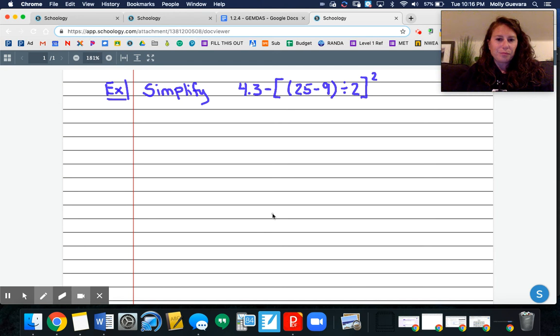Whoosh. Okay, same idea. I have two groupings, so I need to do my inside one first. So this 25 minus 9.